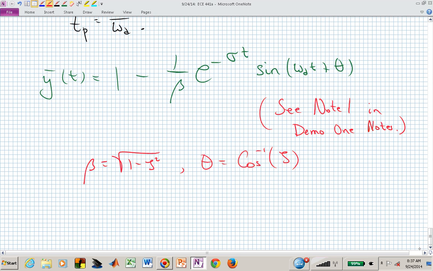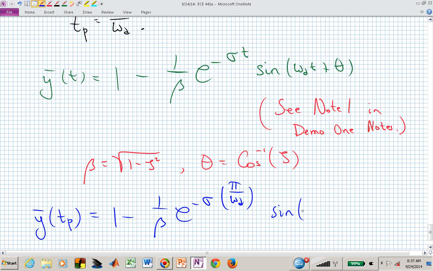We want to now evaluate that at a particular value of time, which is t sub p. If we do that, y bar at t sub p becomes 1 minus 1 over beta e to the minus sigma. T sub p is pi over omega sub d. Then we have sine of omega sub d pi over omega sub d plus theta.